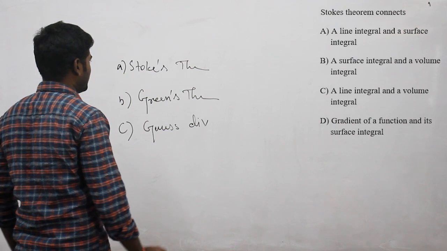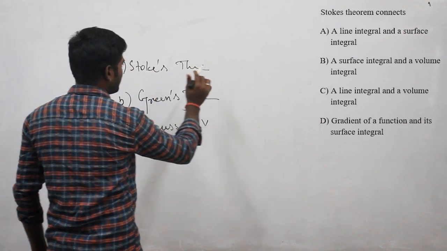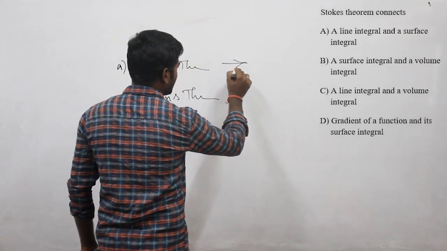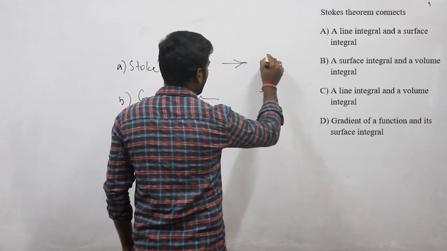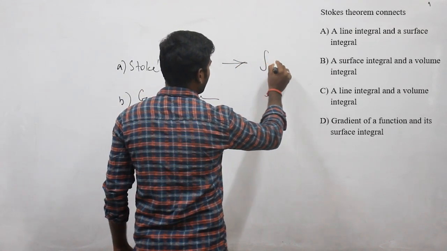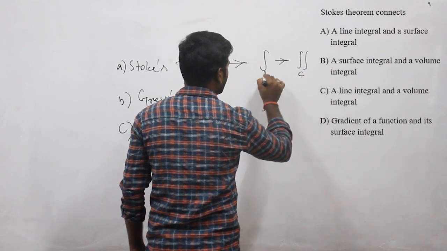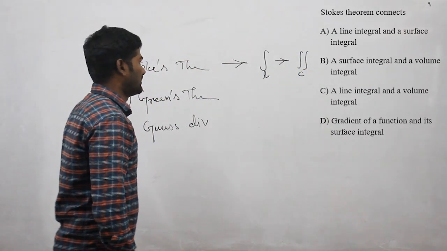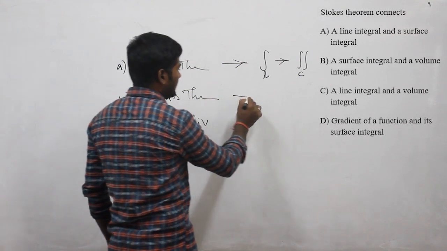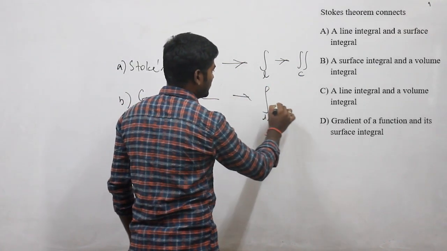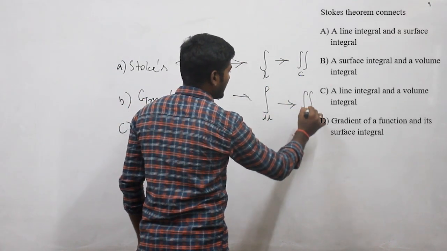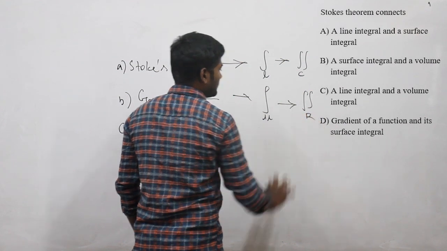In Stokes theorem, the line integral is converted into a surface integral, right? In Green's theorem, the line integral is converted into a double integration, right?